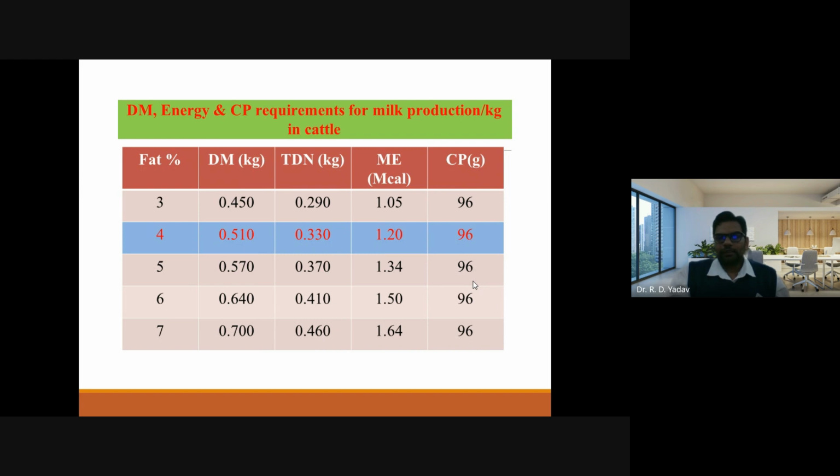In Indian conditions, most cattle fat content varies from 3 to 7% in general. So for each kg of milk production, the crude protein requirement for Indian dairy cattle will be 96 grams as per the ICAR 2013.